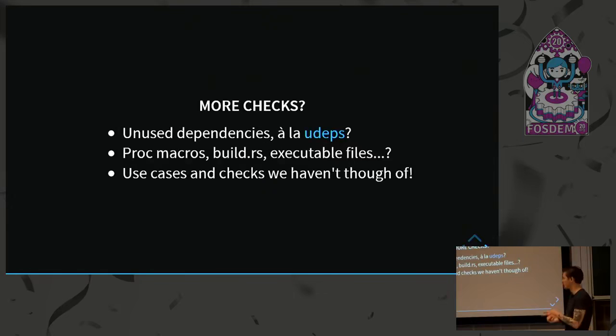We're also thinking about doing maybe proc macro, build.rs kind of stuff as well, because while proc macros and build.rs are great, they're also huge security holes, and we want to be at least aware when we add a dependency on something that uses a procedural macro or build.rs file, just so that we can say, should we be adding this? And yeah, if anyone else has any ideas of other things that could be added to it, that would be cool.